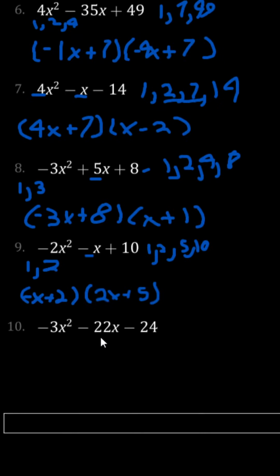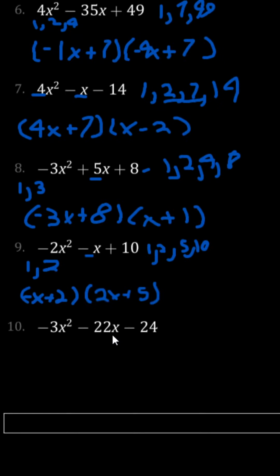We have negative 3x squared minus 22x minus 24. Some bigger numbers here. We need to form negative 22x, which means we're going to want a way bigger negative value. We could do negative 24 has 8, 3, 6, 4, 1, and 24.